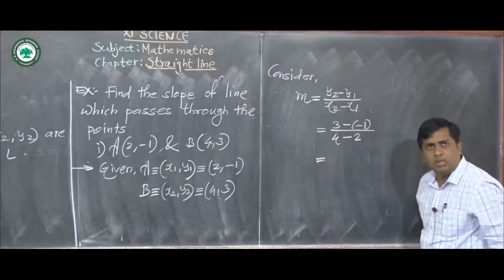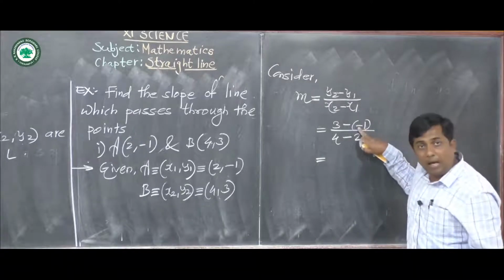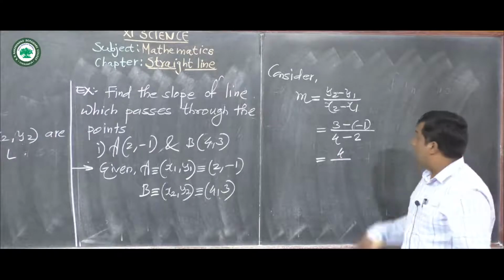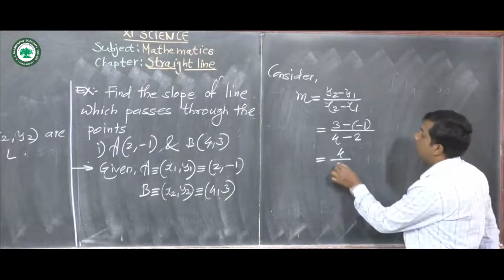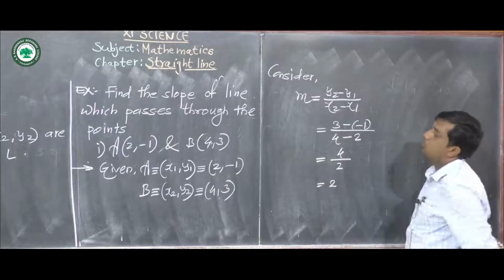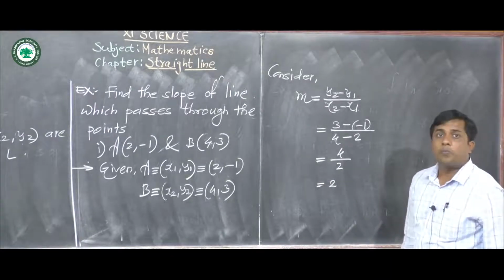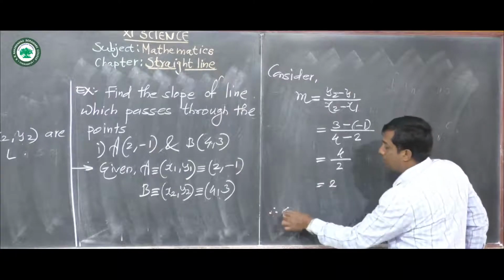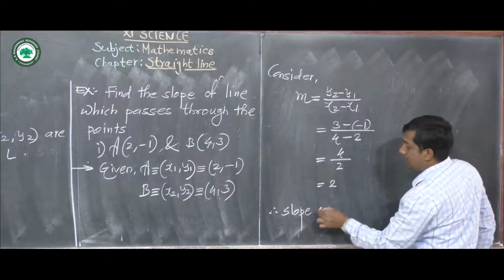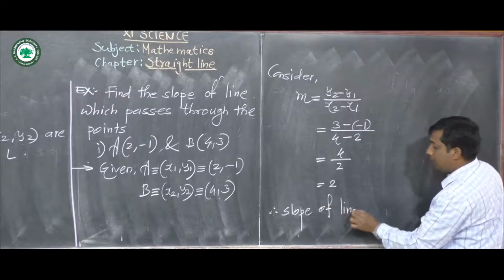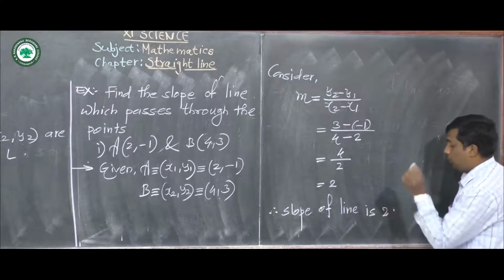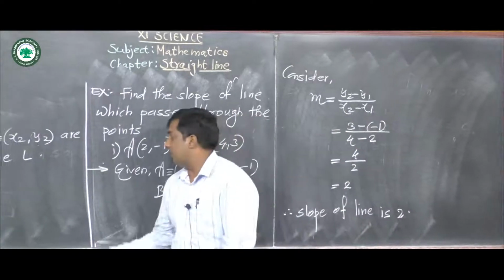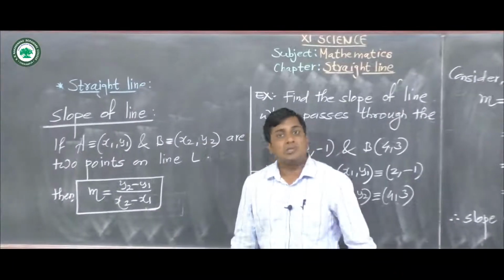This is equal to, we know minus of minus is a plus, and 3 plus 1 is 4, divided by 4 minus 2 is 2, and this is equal to 2. So the slope of the given line is 2. Therefore the slope of the line is 2. Okay, so a very simple example. Directly by using the same formula we find the slope.